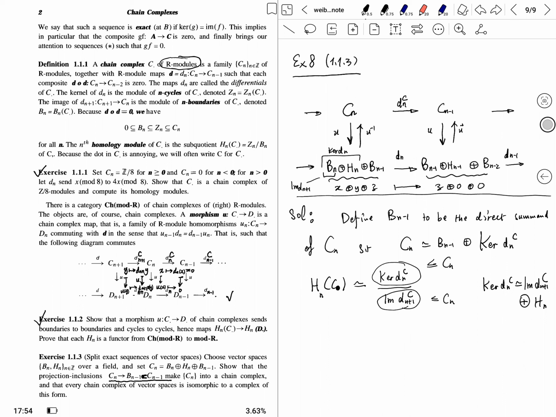So in other words, you could define differently. You could define B_n to be the image of D_n, which should be the same as the complement of the kernel of D_n.